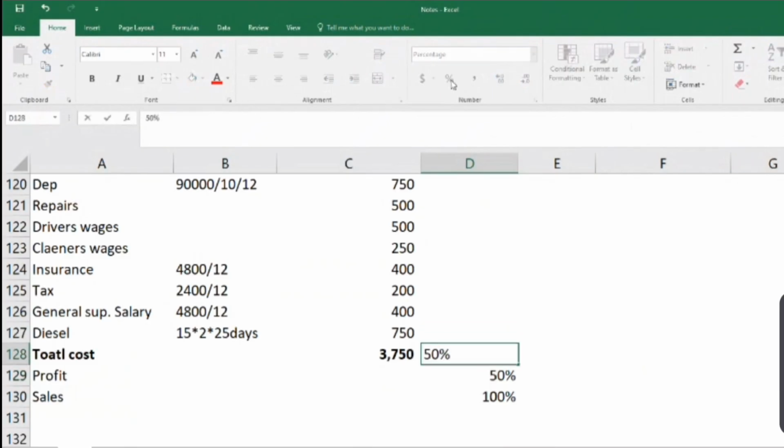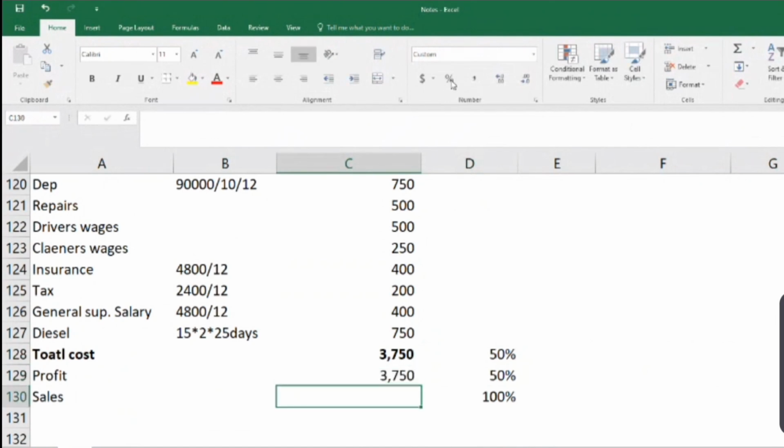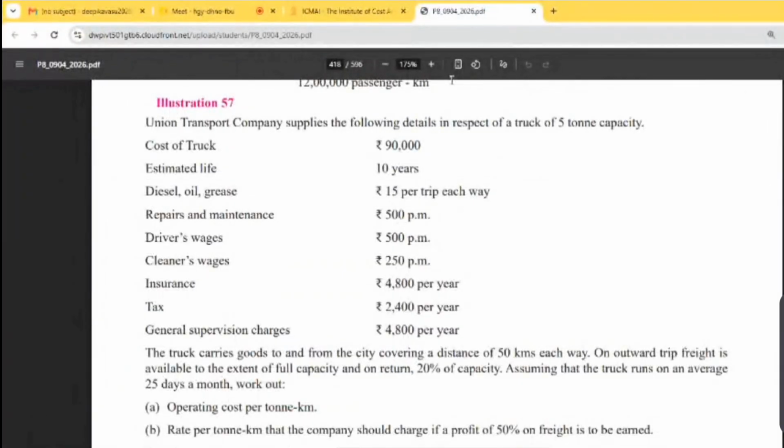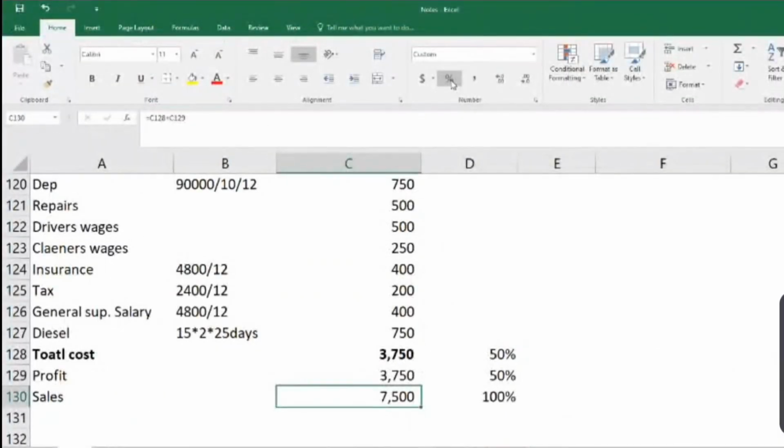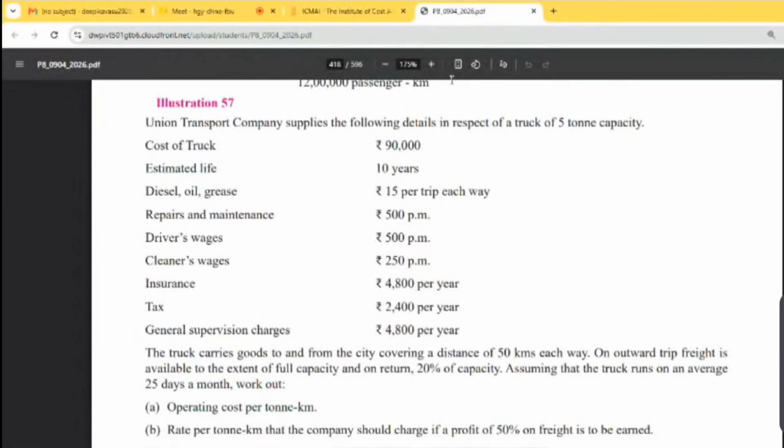So this will be 50 percentage, the same amount. If you add this, cost plus profit equals sales. So this is your sales. What are they asking? Rate per ton kilometer that the company should charge. So they should charge 7,500, they are asking, but rate per ton kilometer.